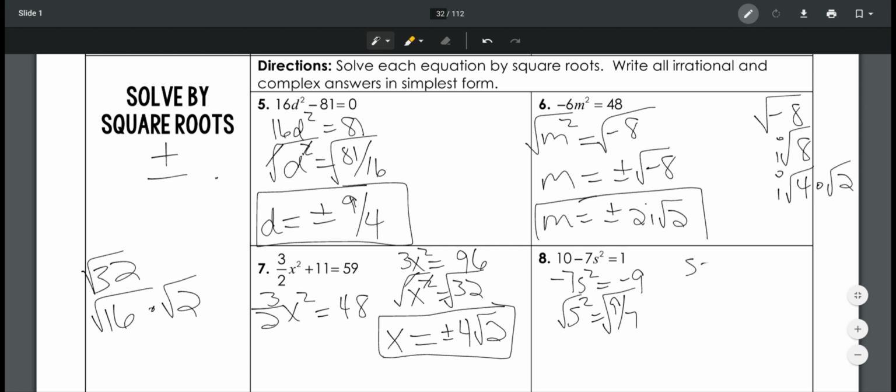So I get s equals plus or minus the square root of 9, which is 3, over the square root of 7. I cannot leave the square root of 7 in the denominator, which means I will need to rationalize this fraction by multiplying the top and the bottom by the square root of 7 over the square root of 7 to remove the radical from the denominator. And my final answer will be 3 square root of 7 all over 7.